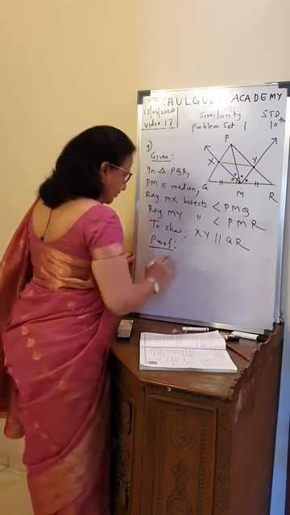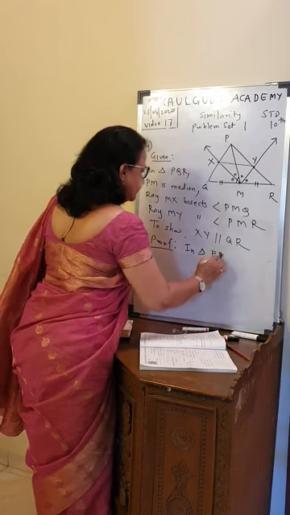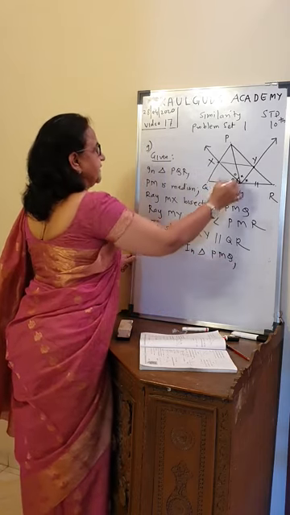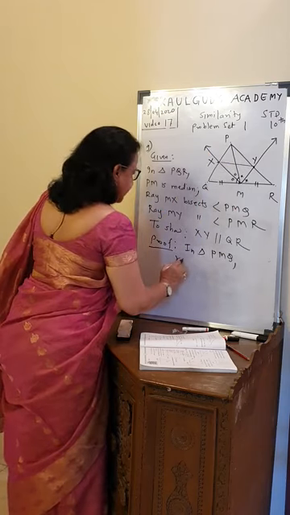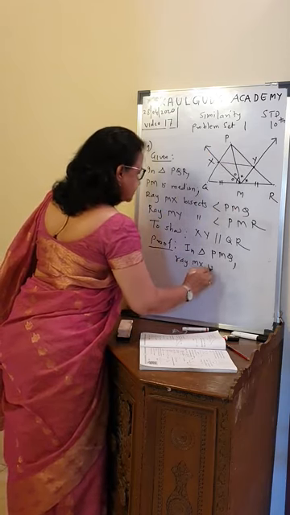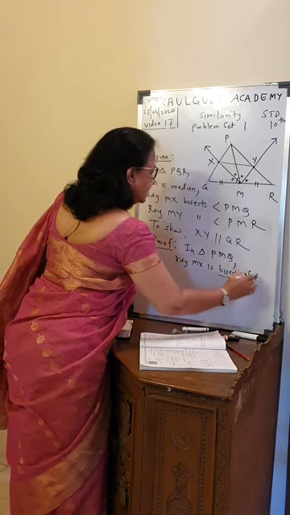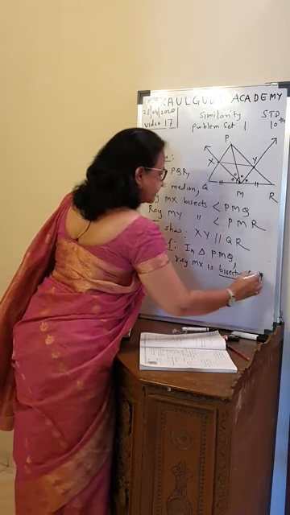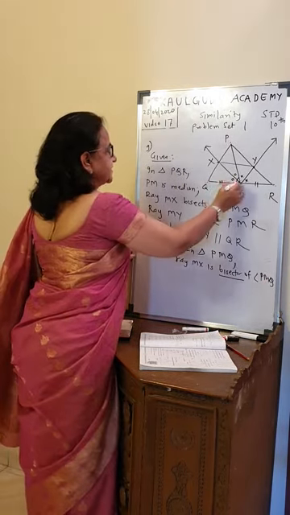Let us go accordingly. Okay, so in triangle PMQ, can you see triangle PMQ? MX is the bisector. So, ray MX is the bisector, underline that word, of angle PMQ. Everybody, angle bisector property.